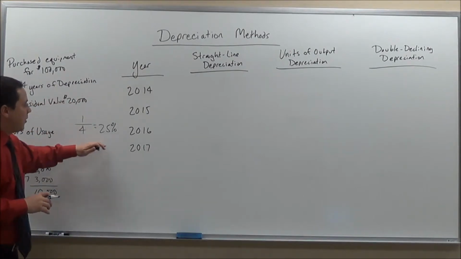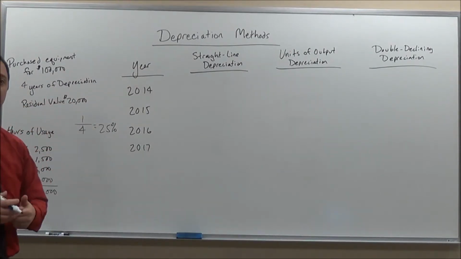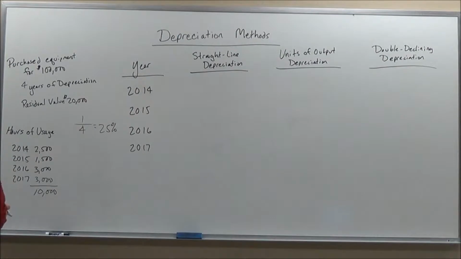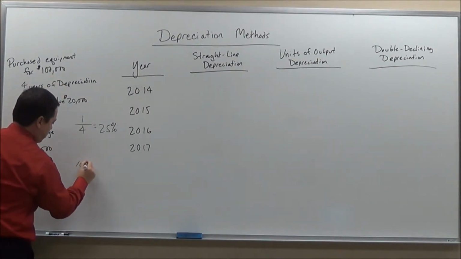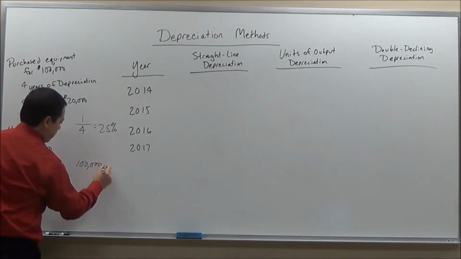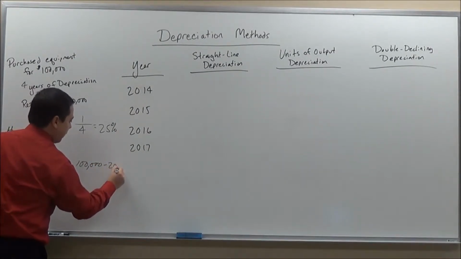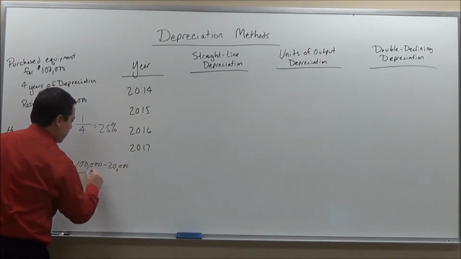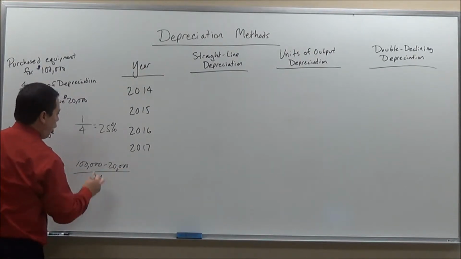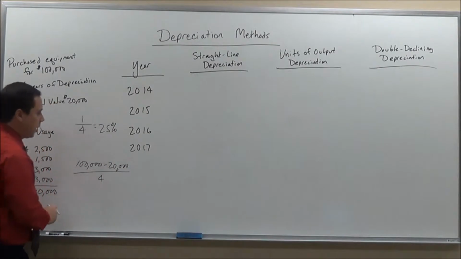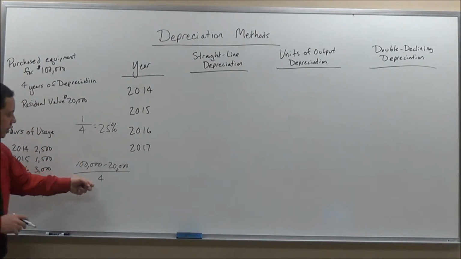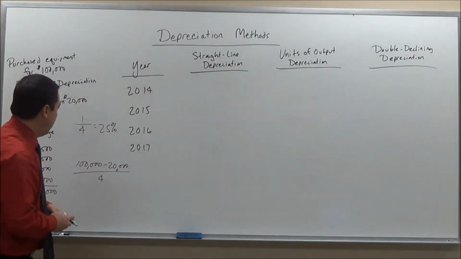Alright, so with that, I can figure out how much depreciation we have. We take the 100,000 minus my residual value of 20,000, and we can divide that by how many years. You can also multiply it by 25%. So that gives me 80,000, over 4 years. That means 20,000 per year.